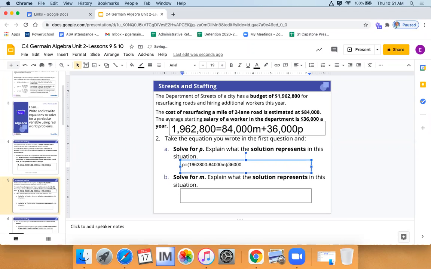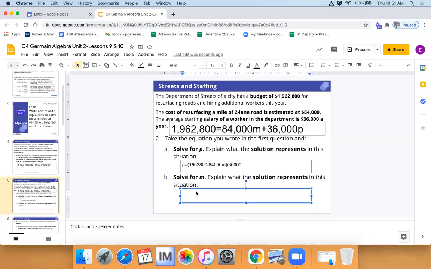Now for the next one, where we need to isolate for our M, we would do it the opposite way. We would move that 36,000 P over to the left side and then divide by the 84,000 to get that M isolated by itself.